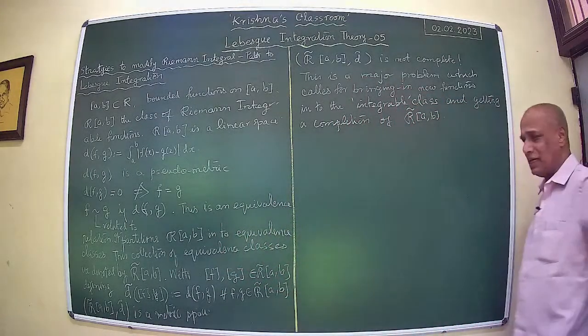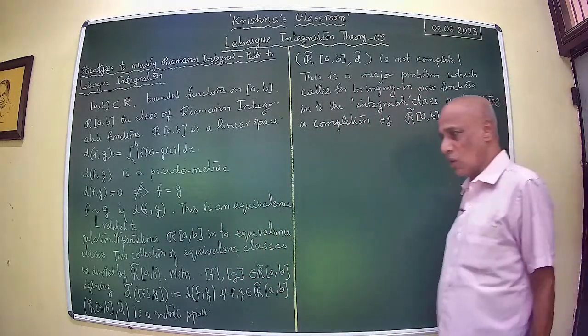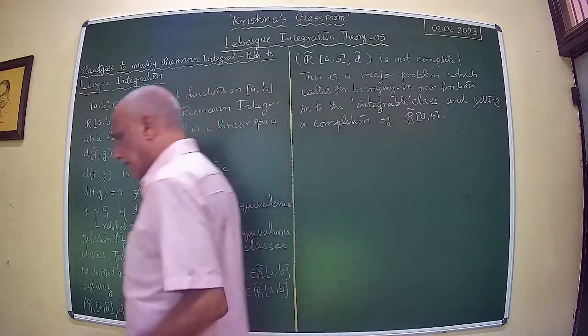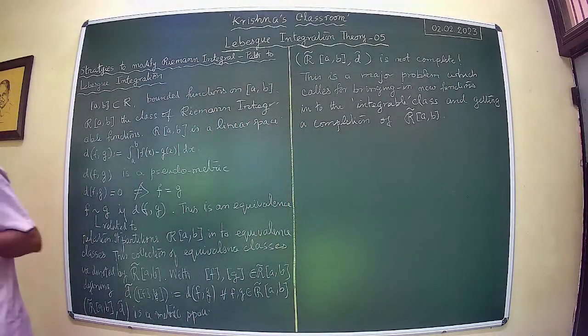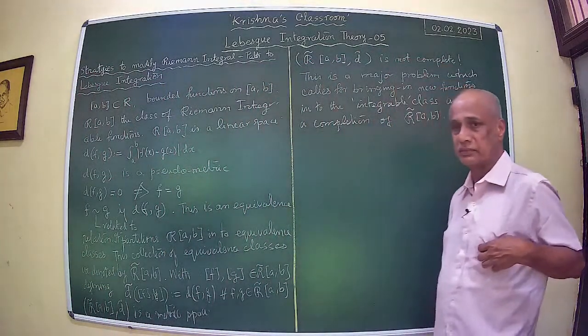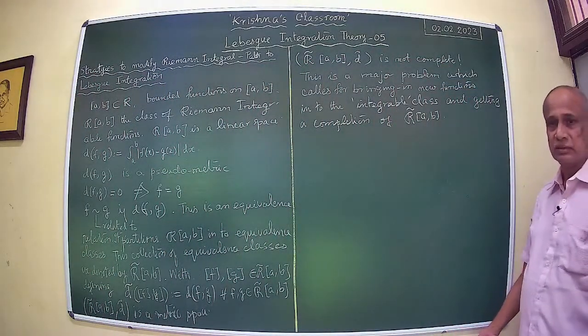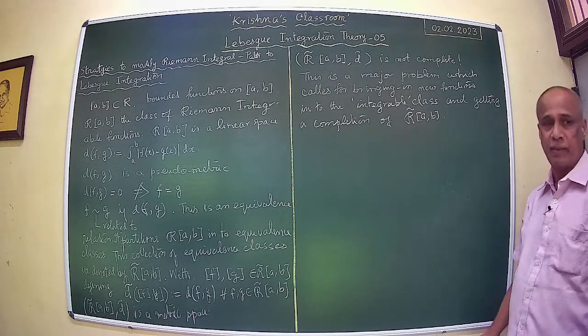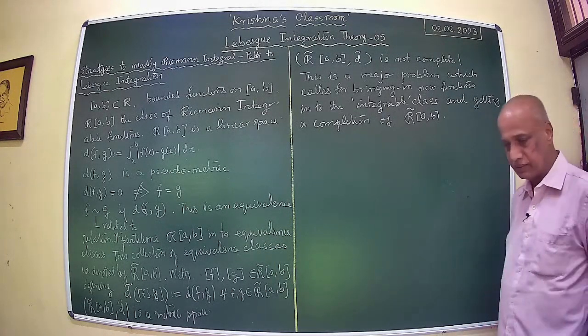So essentially the question that you ask is, what is the completion of R tilde [a, b]? That means some additional functions are also to be amenable to our integration theory.